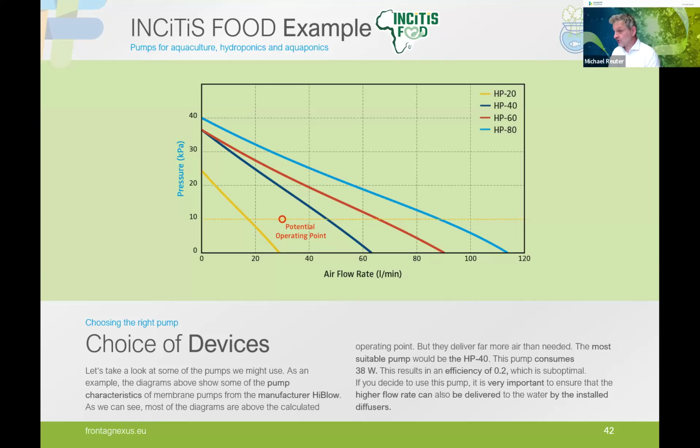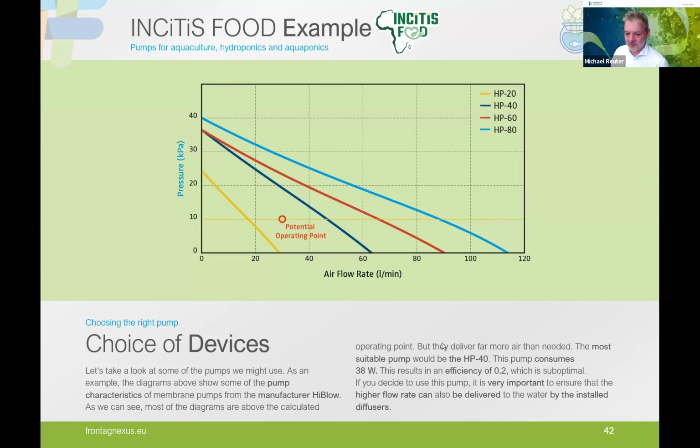We would need some additional aeration for the biofilter too, and we would have that with this larger pump. On the other hand, this would mean that this manufacturer probably does not have the right pump for us in his product range, because it has some kind of hole exactly at the range that we need. So probably we should look up a different manufacturer too.